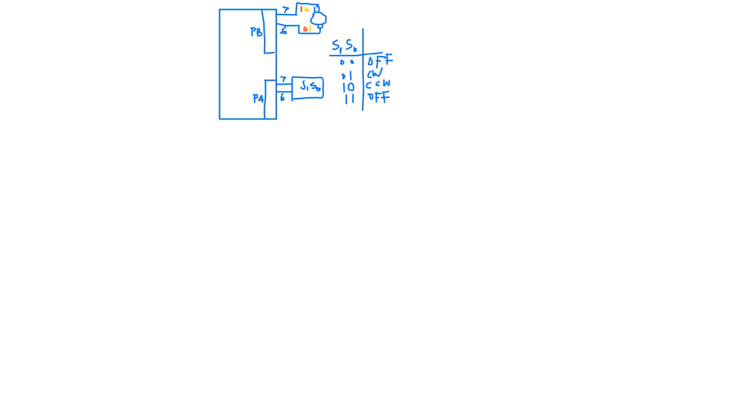That's it. And also, port B is 8 bit, right? So this is for port B, and the motor is connected between 7 and 6.